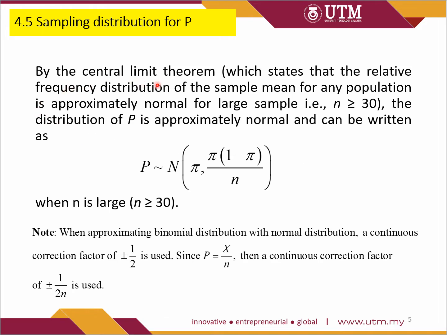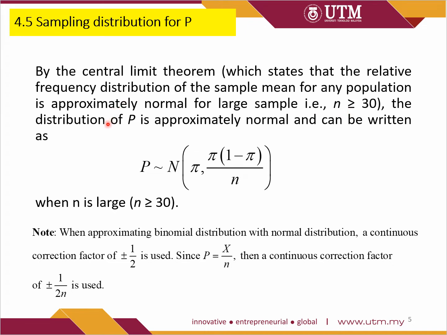By the central limit theorem, which has been explained in the sampling distribution for mean, the relative frequency distribution of the sample mean for any population is approximately normal for a large sample such that n is greater than or equal to 30.